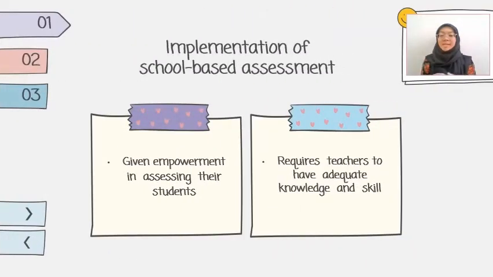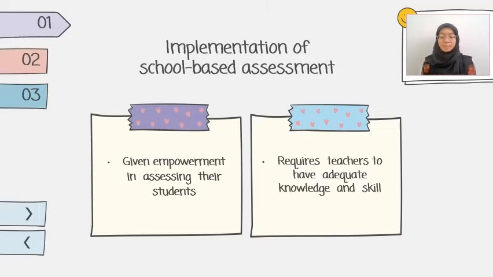In a study entitled School-Based Assessment in Malaysian Schools: The Concerns of the English Teachers, Malaysian English teachers' concerns on the implementation of the school-based assessment were investigated. The study was conducted in response to the shift in assessment system for Malaysian public schools.